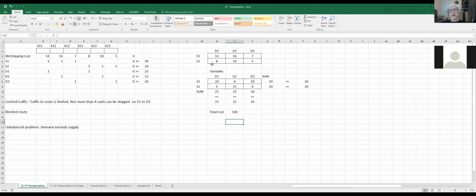So what I do, I organize it in a little table, D1, D2, and D3, and S1 and S2 here. So then I copy the data from here, 14, 16, 7, you see? 8, 10, 5.